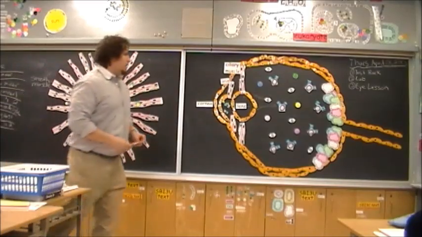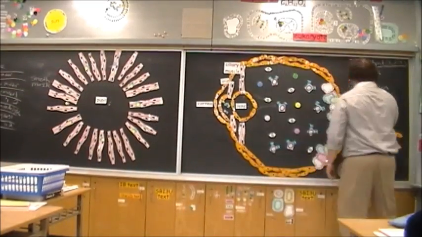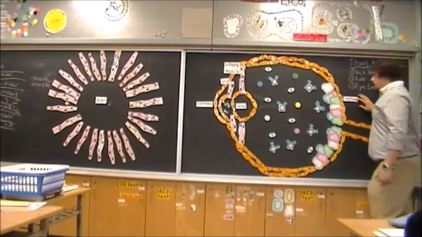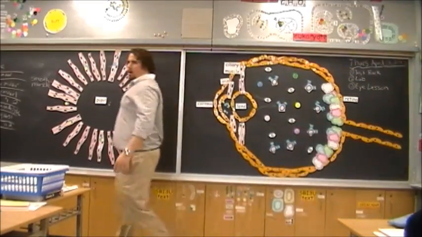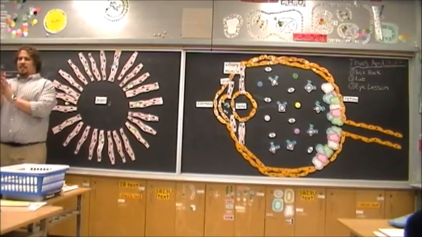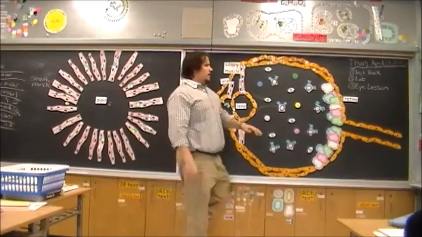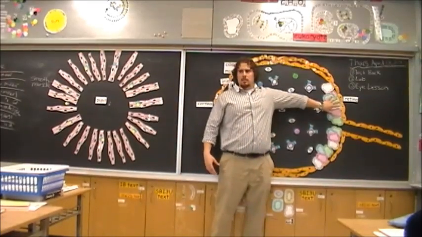Okay, next thing we need to talk about: the retina is the back of the eye. This is basically the movie screen of our eyeball. In order to see things clearly, we have to project that image clearly on the retina.